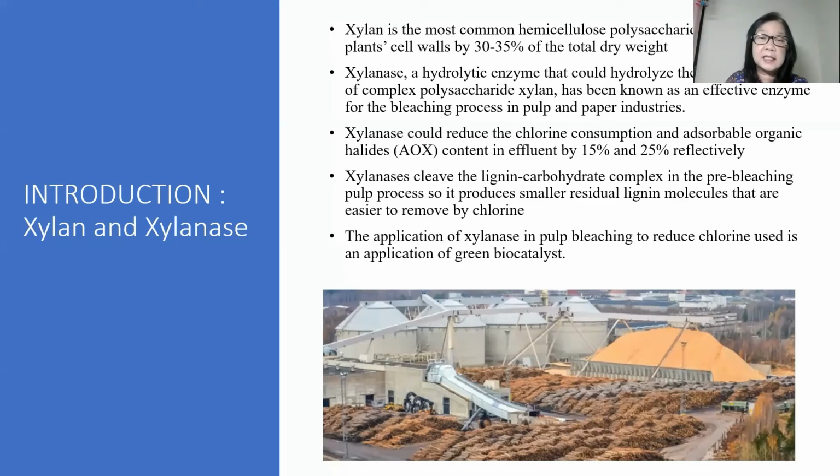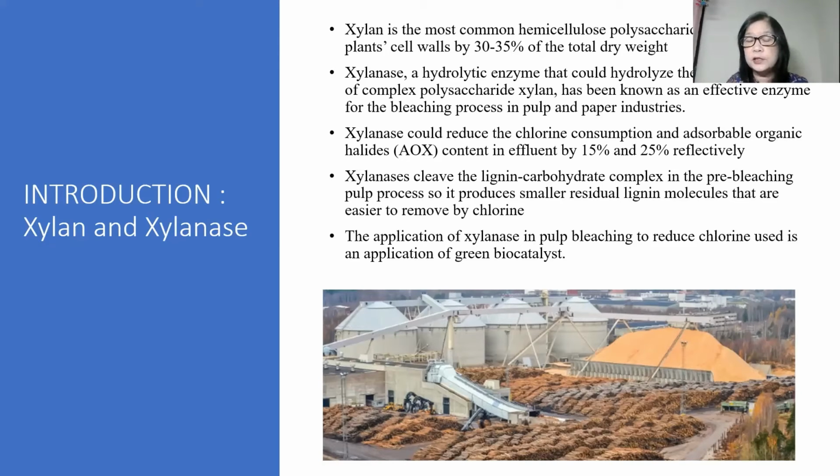Xylanase, as I said, as a green biocatalyst, is a hydrolytic enzyme that could hydrolyze the backbone of complex polysaccharide in xylan. So this enzyme is very effective for helping in the bleaching process in the pulp and paper industry.